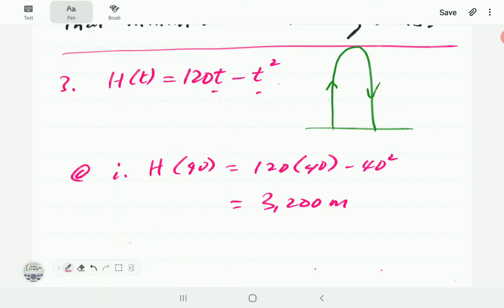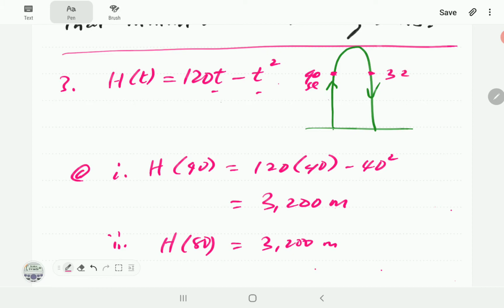And then after 80 seconds, if we do the same calculation, we find that the height is still 3,200. What this is saying is that after 40 seconds, the bullet is going to be, say, here. And then after 80 seconds, it's going to be the same height, but this time it's going to be going downwards.